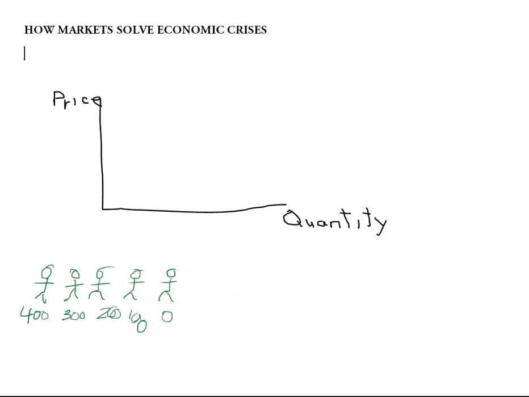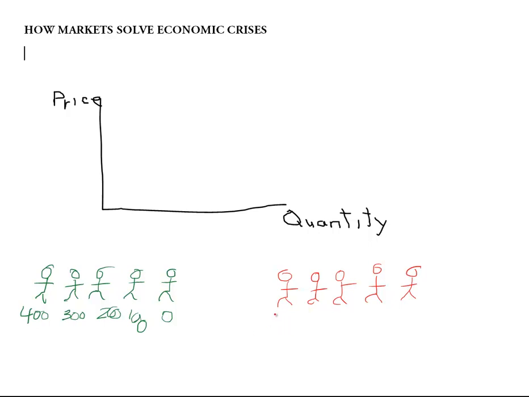And for our sellers, let's create them over here. So here's 1 seller, 2 sellers, 3 sellers, 4 sellers and 5 sellers. Let's make sure I put the costs underneath them.